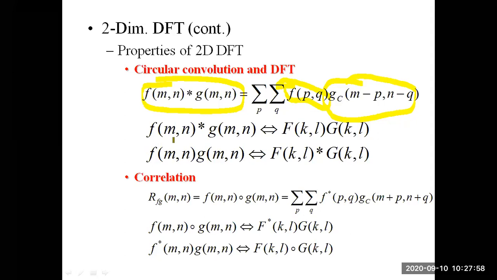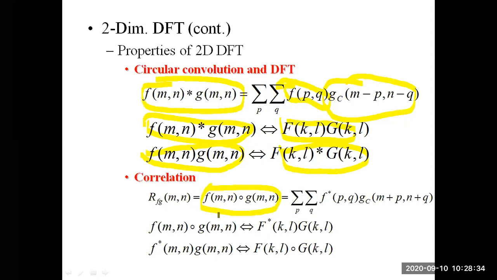So this is the normal spatial representation, and the relation between frequency and spatial is given as: the circular convolution of two images in the spatial domain is equivalent to the multiplication in the frequency domain, and the multiplication in the spatial domain is equal to the circular convolution in the frequency domain. In the same way, this is correlation. Correlation also happens between two images, also called autocorrelation.